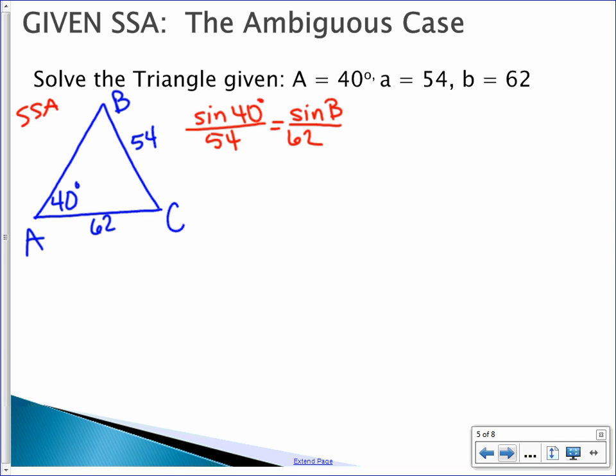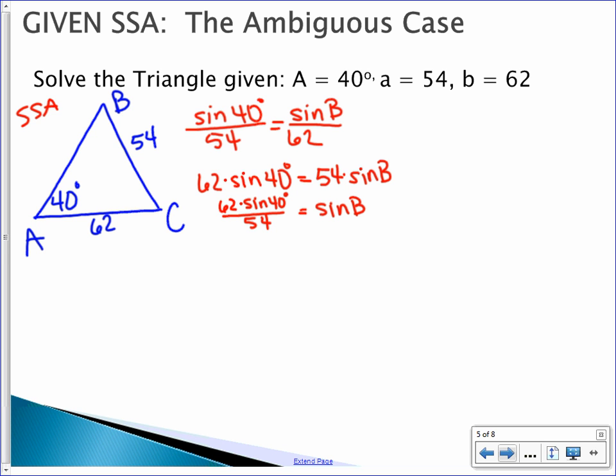So now, when we solve this, let's talk about it. We have 62 times the sine of 40 degrees equals 54 times the sine of B, which means the sine of B is 62 times the sine of 40 degrees all over 54. How do I get angle B?